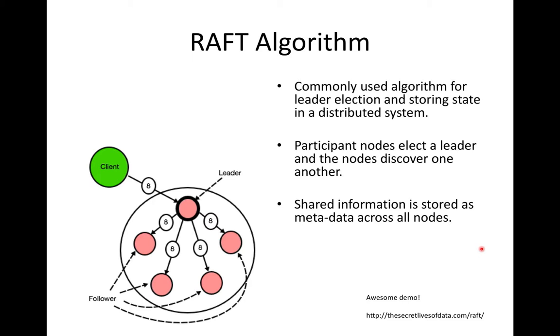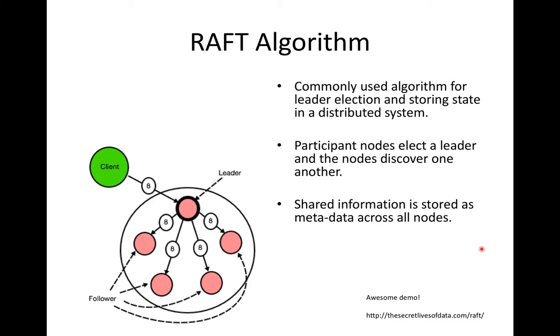So we can use things like the RAFT algorithm to store service configuration information across a set of distributed servers, and that then can form the heart of our service discovery platform.